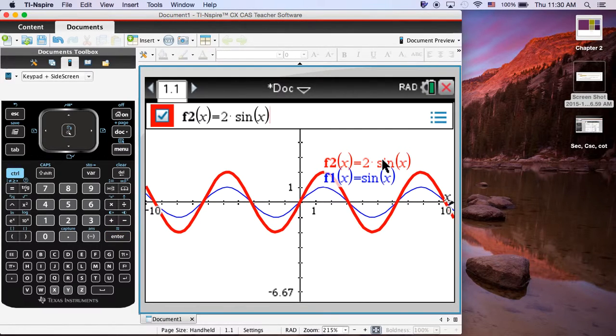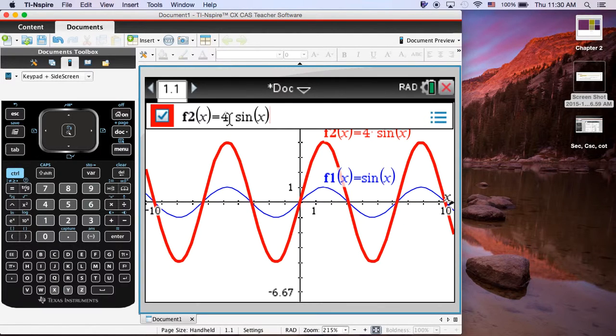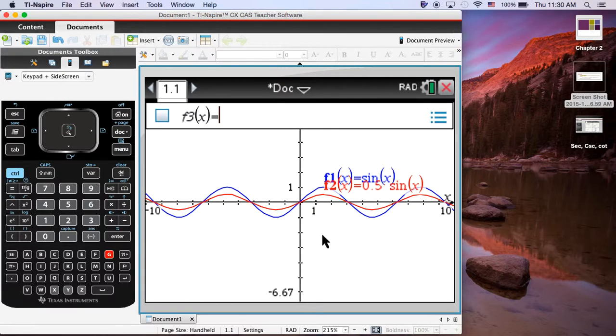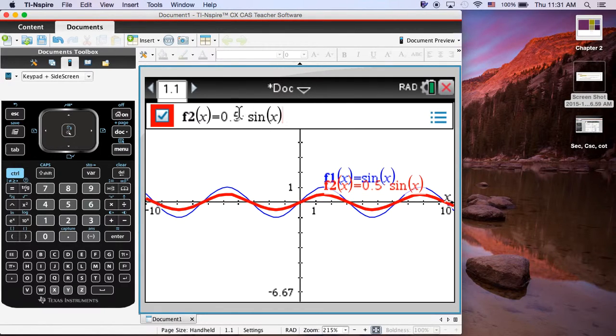What if we plug in 3 or 4? The wave gets bigger. What if we put some number like half? Oh, the wave gets a little smaller or shorter. So that's what capital A does. If you plug in some number for capital A, the wave gets bigger or smaller.